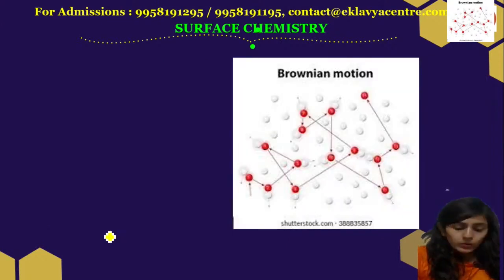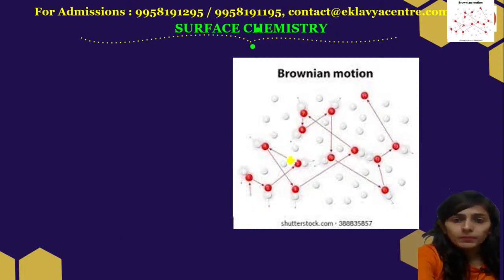Now next we have Brownian motion. You must have studied Brownian motion in your junior classes also. The colloidal particles will not remain as they are, they'll keep on moving. Can you see the movement of these particles?